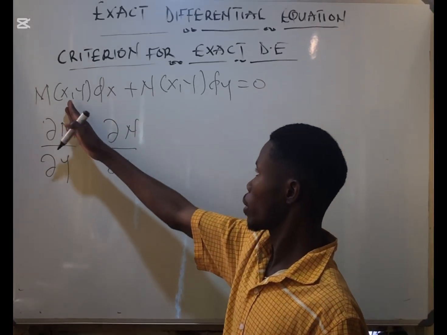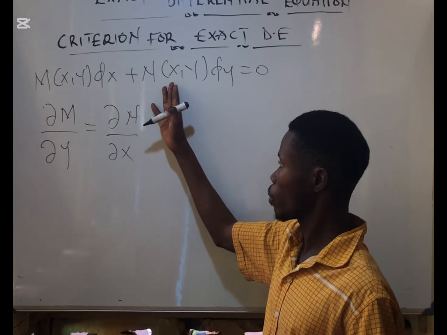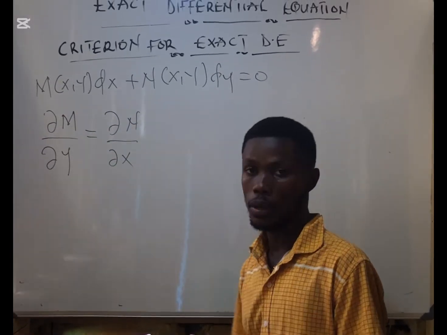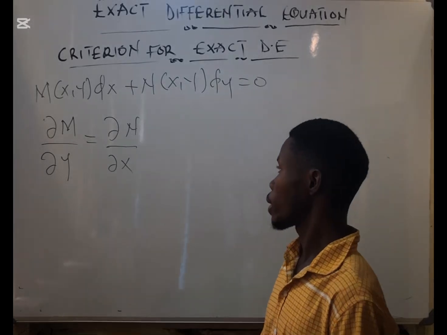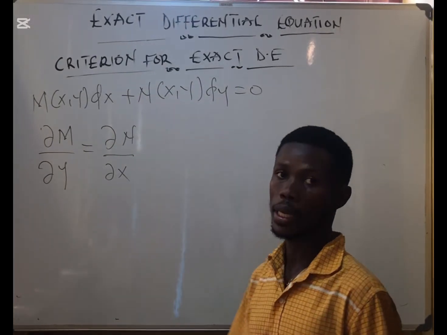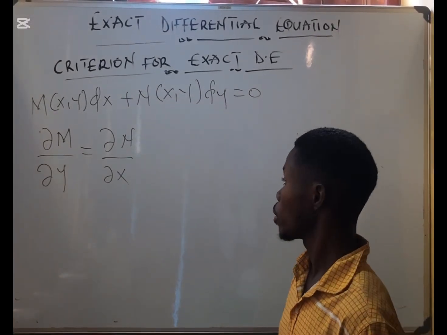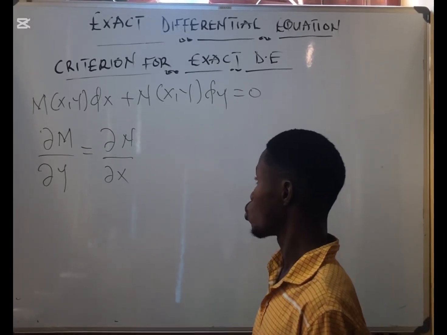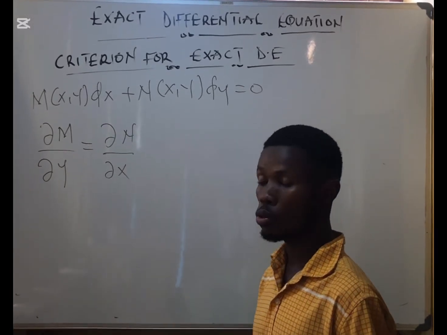When the partial derivative of this, with respect to y, is equal to the partial derivative of this, with respect to x, then we can say that this is an exact differential equation. Okay, so now let's look at how to solve something like this, or how to verify it.